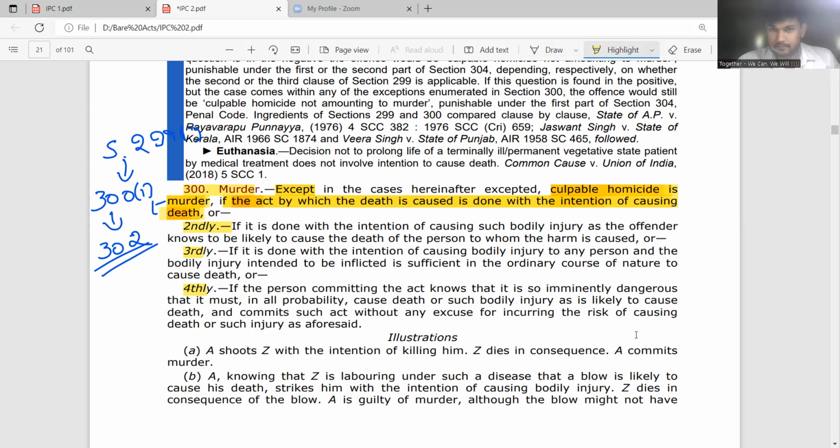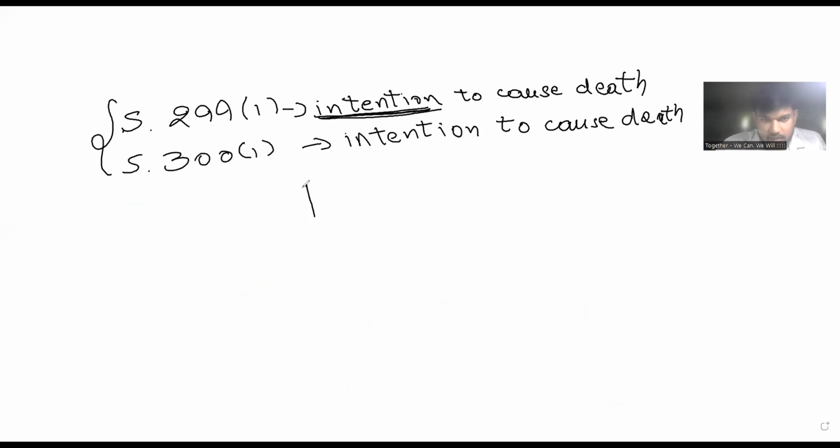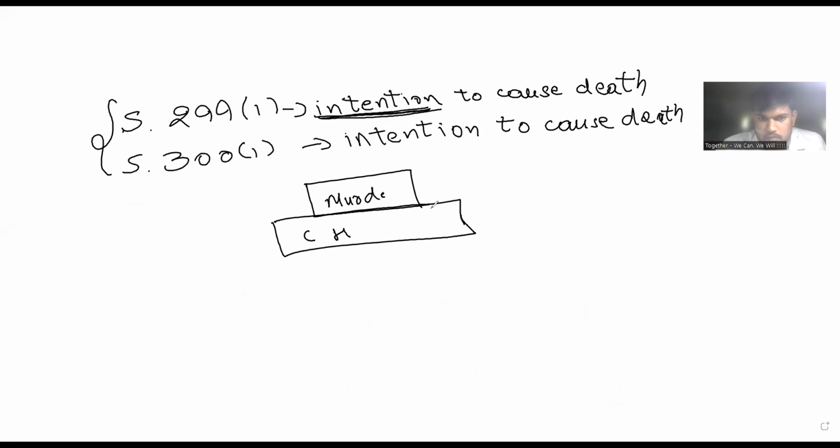Now, I told you yesterday, right? If these are the two blocks, this one is culpable homicide and this one is murder. 299, 300.